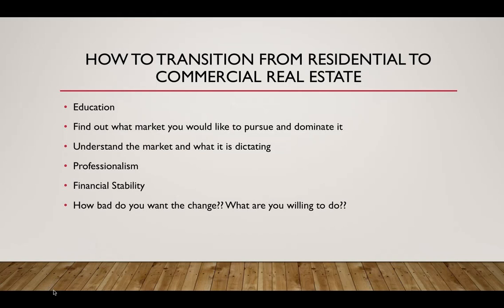Right now, I started a little bit of commercial, same thing. I'm concentrating on raw land, and on buildings that have a certain number of units but have the potential to go higher. That's what I'm doing. Nice.